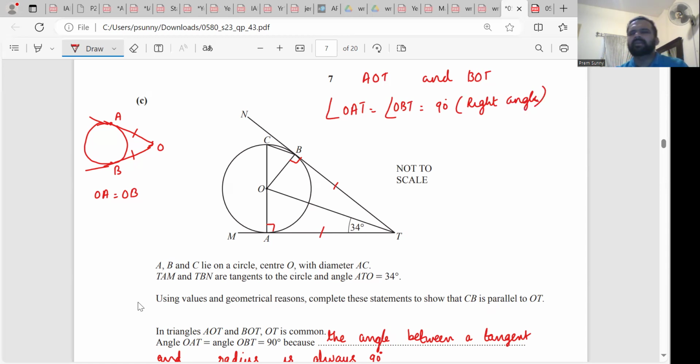The criteria that we have are right angle hypotenuse side, ASA, SAS, SSS. We need to find out which one this is. So angle 90 degrees, and OT is equal to OT, that is common for both triangles. I can see that OT is the hypotenuse because the hypotenuse is the side opposite to 90 degrees. B is 90 degrees, opposite is OT. A is 90 degrees, opposite is OT. So this is basically a hypotenuse.